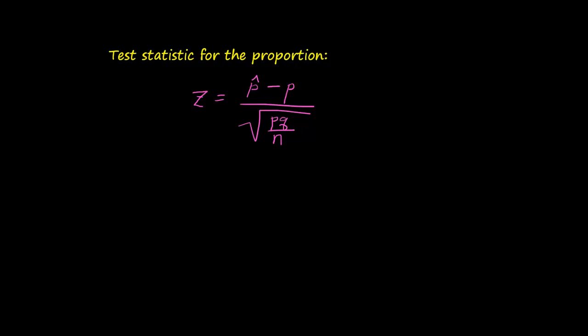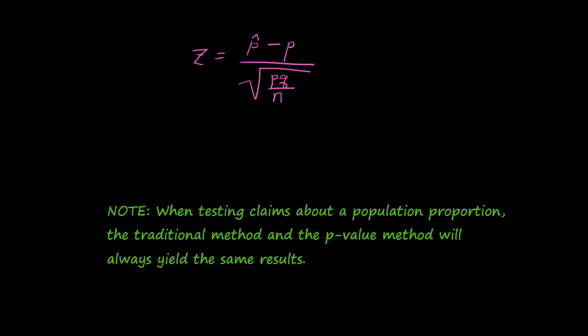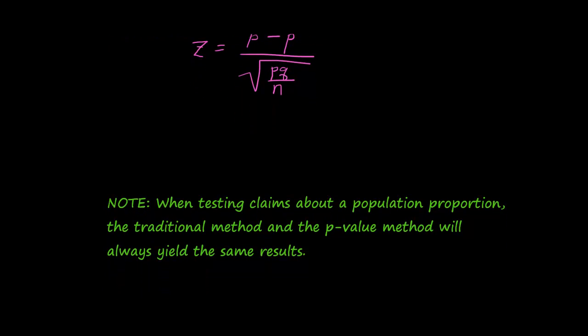Okay, a couple of things to note. When we test claims about a proportion, the traditional method is to compare your test statistic to the critical value. If the test statistic falls in the critical region bordered by the critical value, we reject the null hypothesis.